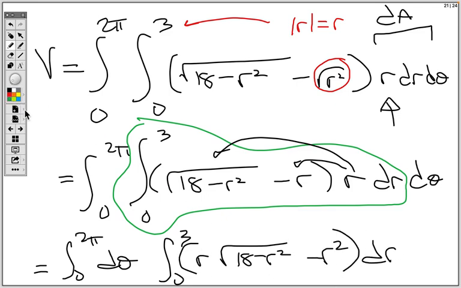And then on this one, for sure, you'd probably want to do what for this first piece? Yeah, you'd probably want to do a u sub on that for sure. And then you can integrate him as is. Okay? So once again, we've got this theta symmetry, and so the theta integral just pulls out.